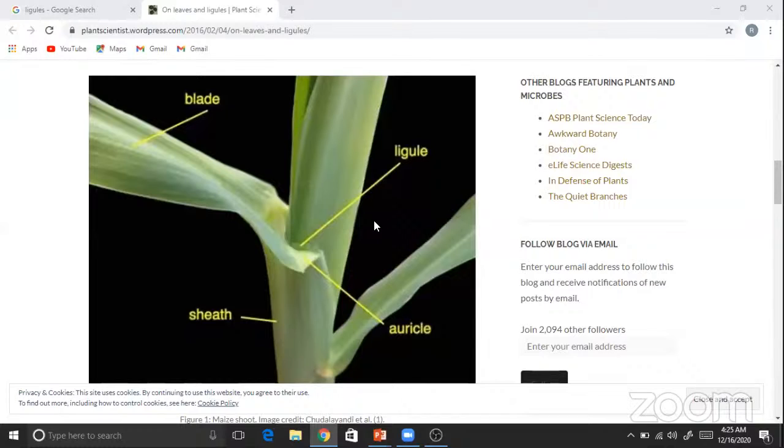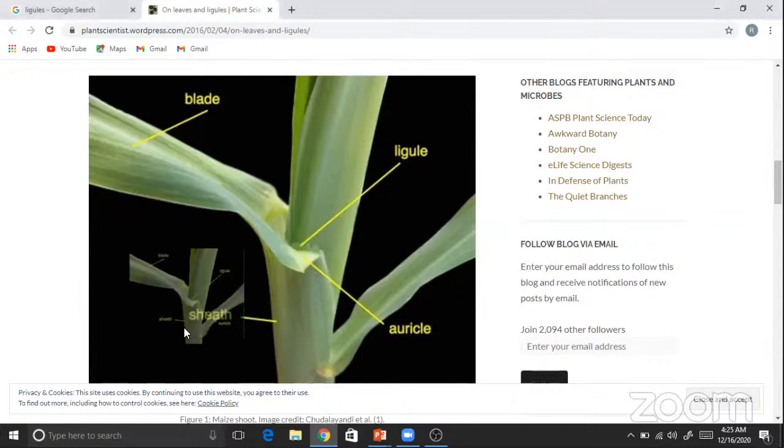Are you able to see the screen? Yes, ma'am. So see, this is the leaf blade, and this is the sheath-like structure. The ligule is a white membranous structure you see here, and often a hairy outgrowth is also seen. This usually occurs at the junction of the leaf blade and the sheath.